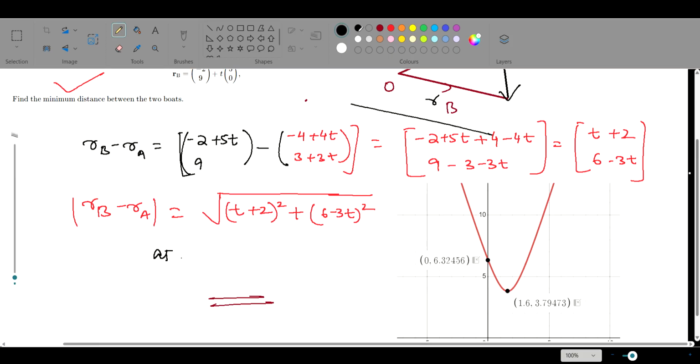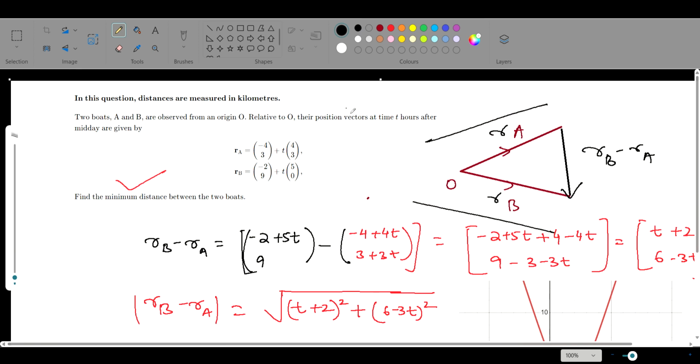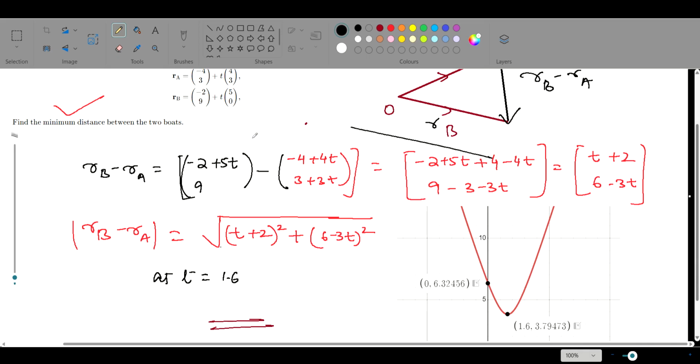So at t equals 1.6, and the unit of time here is hours, so it's 1.6 hours, and the minimum distance d is 3.79 kilometers, of course. This y-axis is representing kilometers. This is the minimum distance.